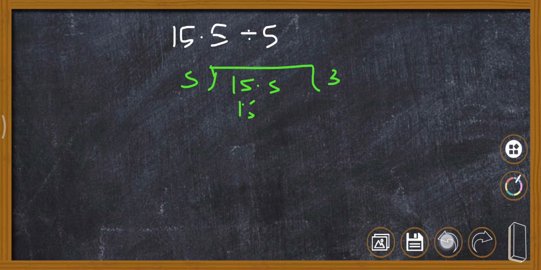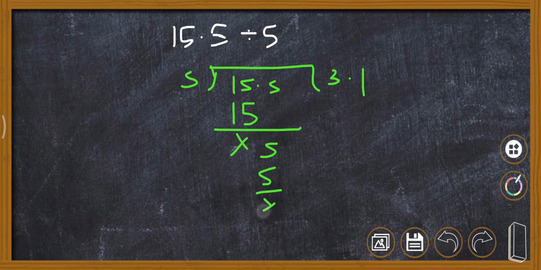First part, again we will divide. 5 threes are 15. Now decimal chance, so we will take decimal here. After that this 15 is fully cut here. 5 ones are 5. So answer is 3.1.